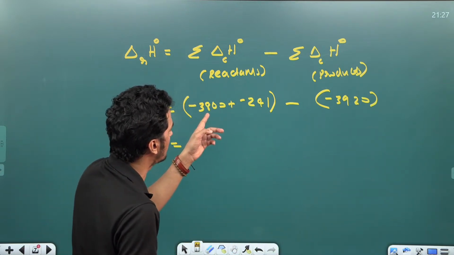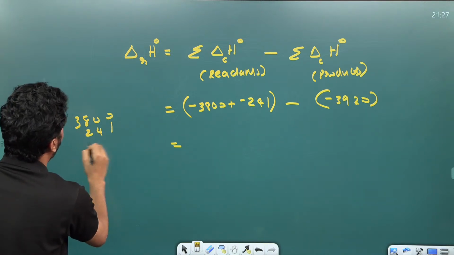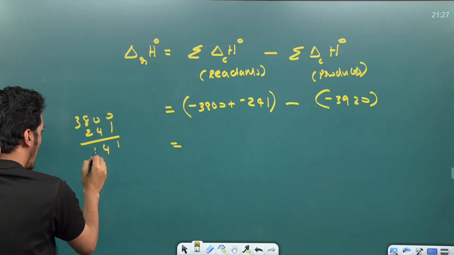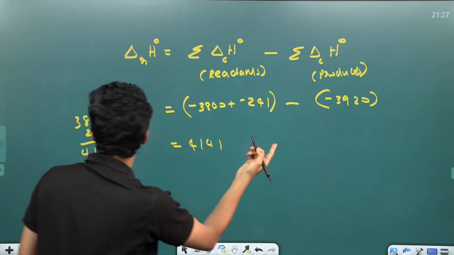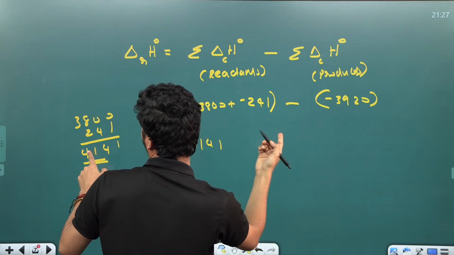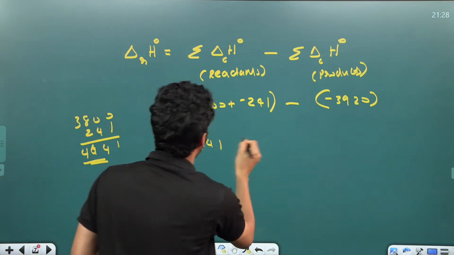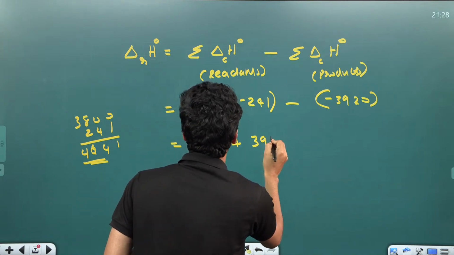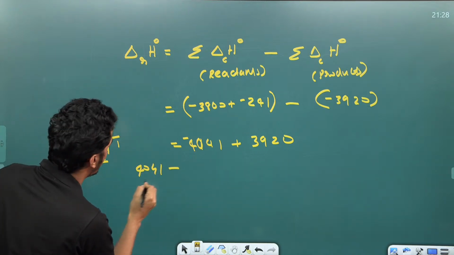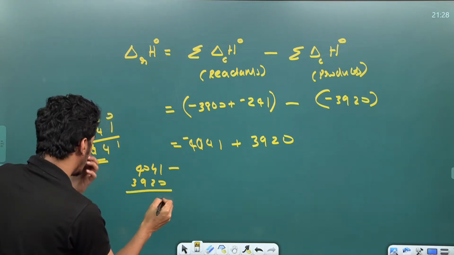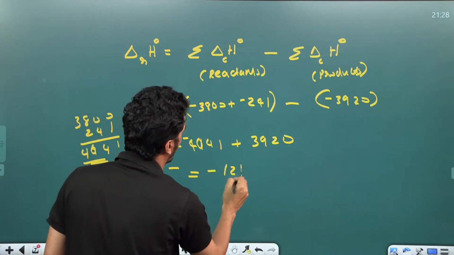Now you just add it. This is minus 3800 and minus 241, which gives minus 4041. Then plus 3920, so that means 4041 minus 3920, which is 121. So minus 121 will be our answer.